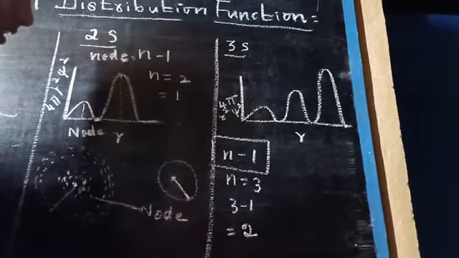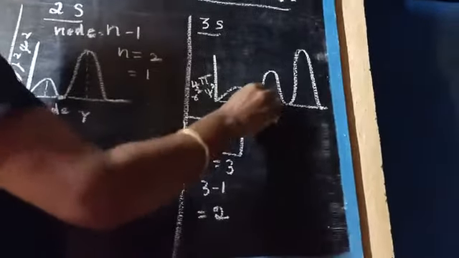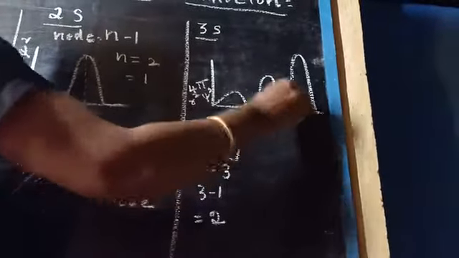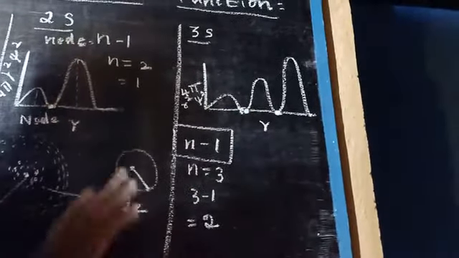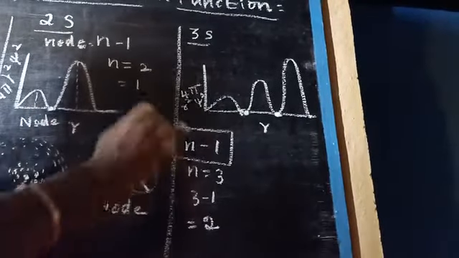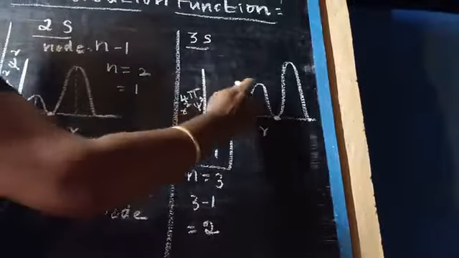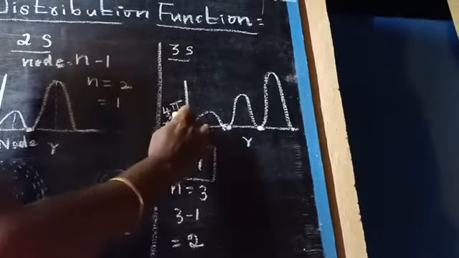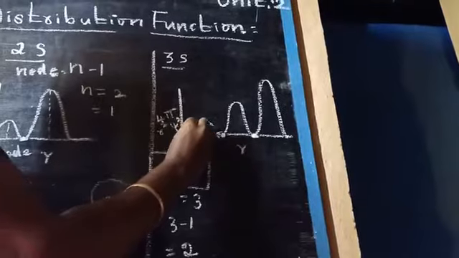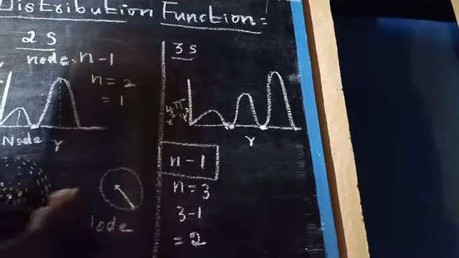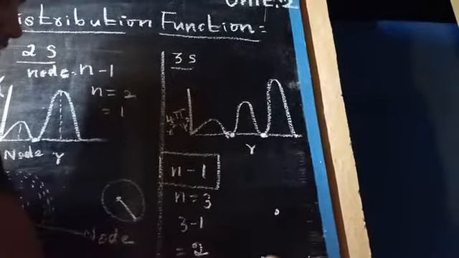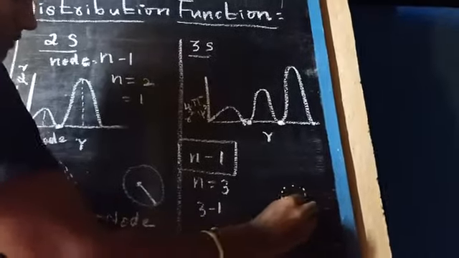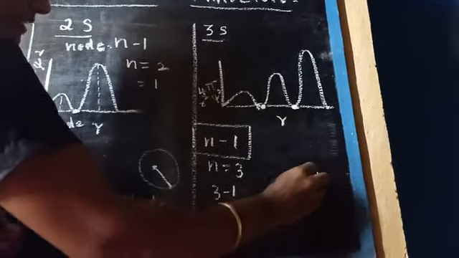Now see the graph: in this area there is no electron, and in this area also no electron. So how many nodes? 2 nodes. Now talk about the electron distance. First the 1s orbital, with the nucleus at the center, the probability of the electron is maximum.